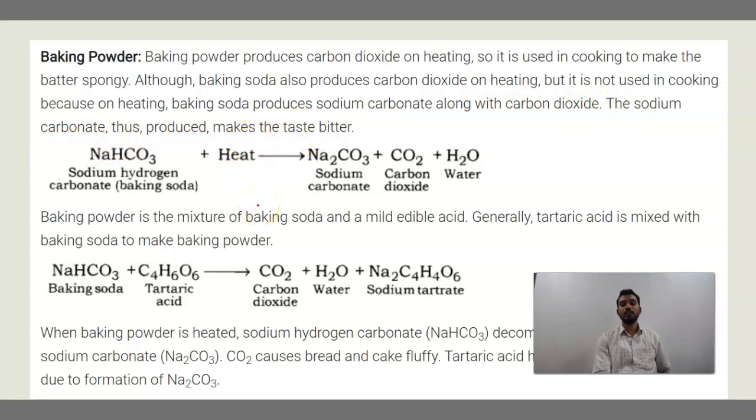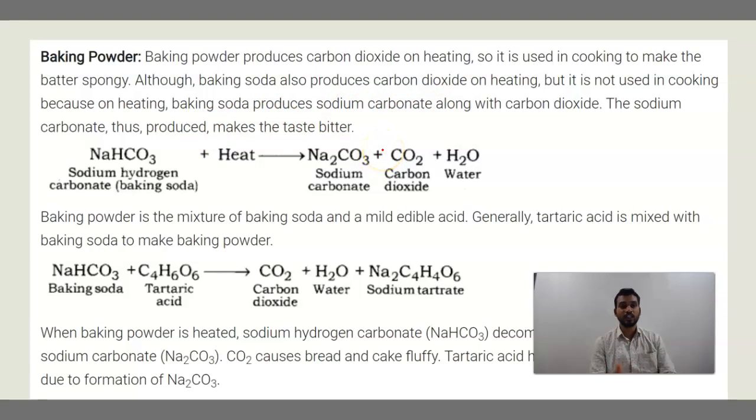See students, what does it mean here? So here he is saying that baking powder produces carbon dioxide on heating. If we heat the baking powder, we get carbon dioxide. Okay, so it is used in cooking only to make the batter spongy. But we can see here baking soda also produces carbon dioxide on heating, but it is not used in cooking, because on heating baking soda produces sodium carbonate along with carbon dioxide.